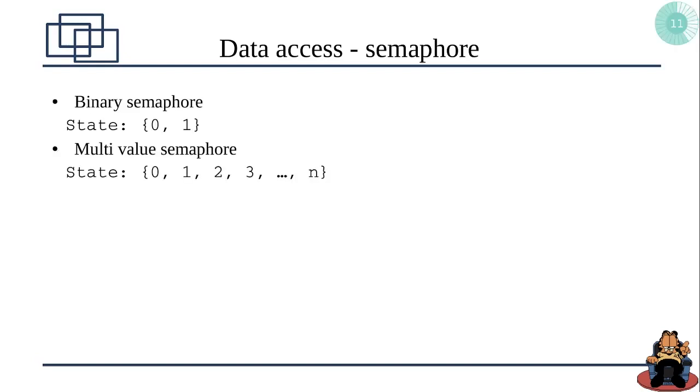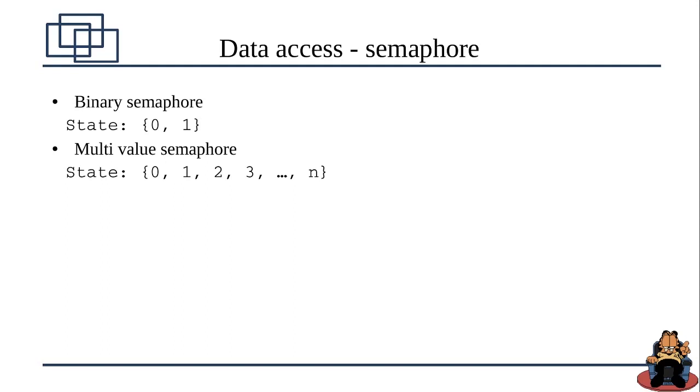Okay, next slide. As I said a minute ago, each semaphore has a list of valid states. By this, you can devise two types of semaphores. The first type is a binary semaphore that has only two states, 0 and 1, or up and down, and a multi-value semaphore that has states from 0 to n, or any iterable values.